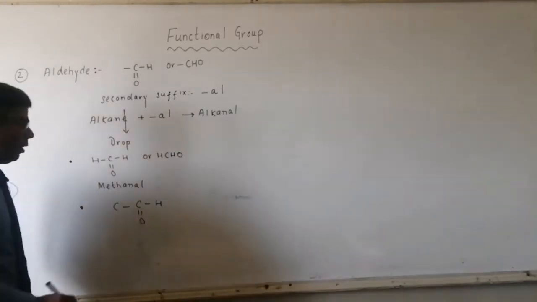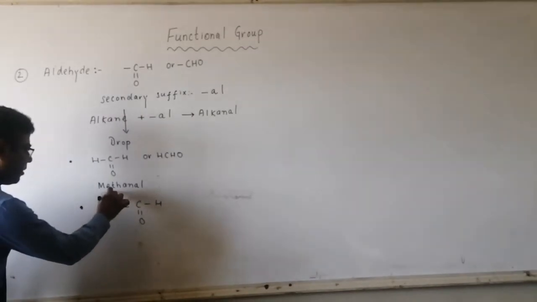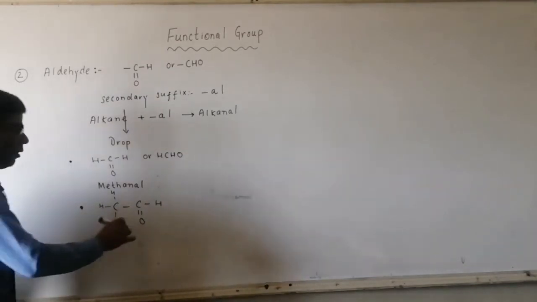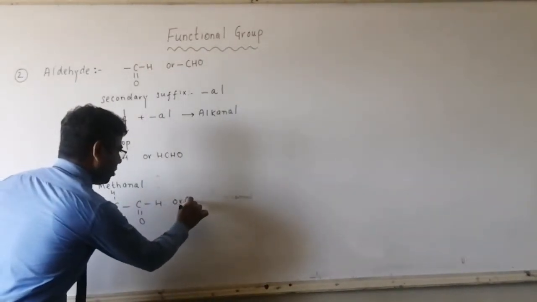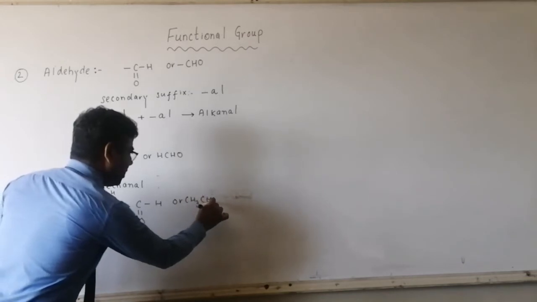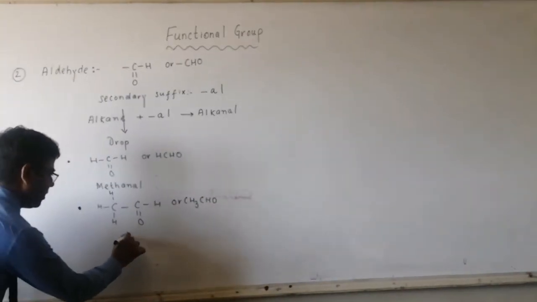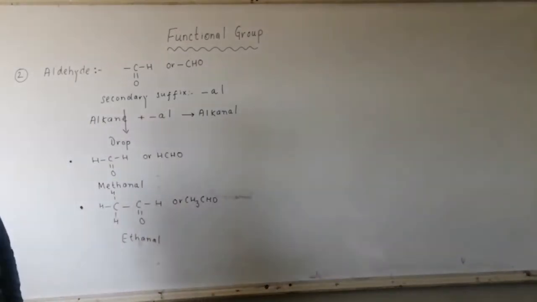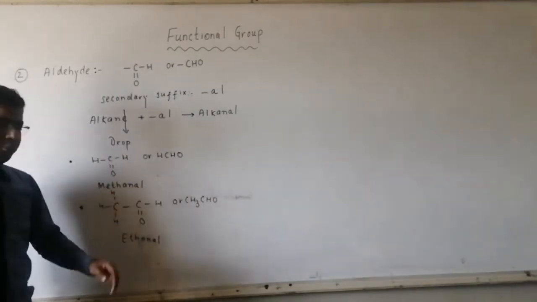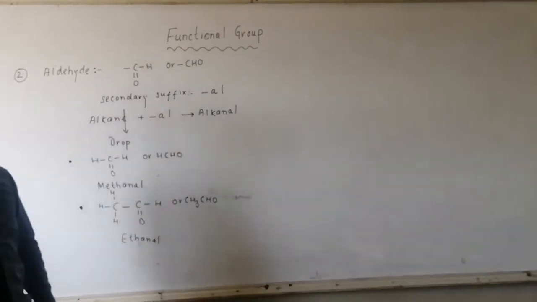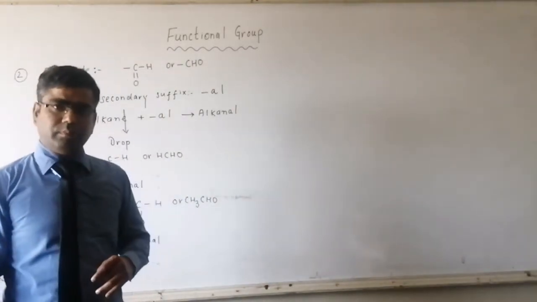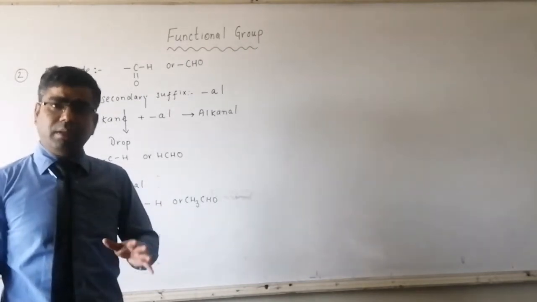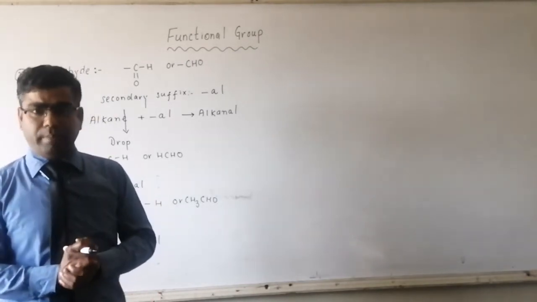It is deficient of 3 more bonds, so the remaining 3 valencies of carbon will be satisfied by hydrogen atoms. So it will be CH3CHO, and the compound is named as ethanal. Methanal, the first member; ethanal, the second member. In this manner, we can go for the higher members: propanal, butanal, pentanal, and so on.